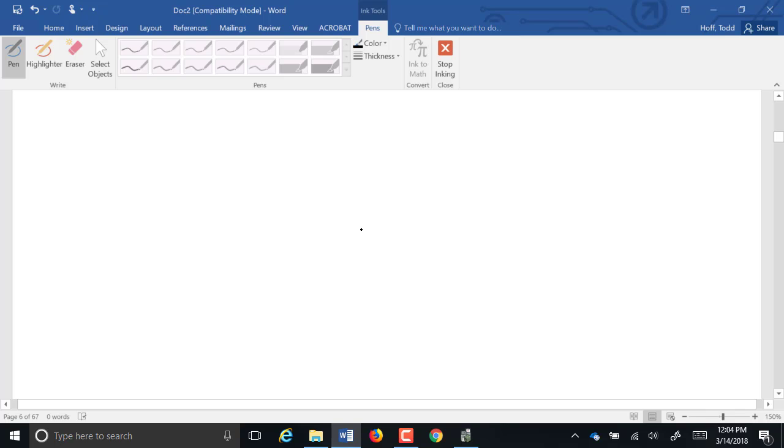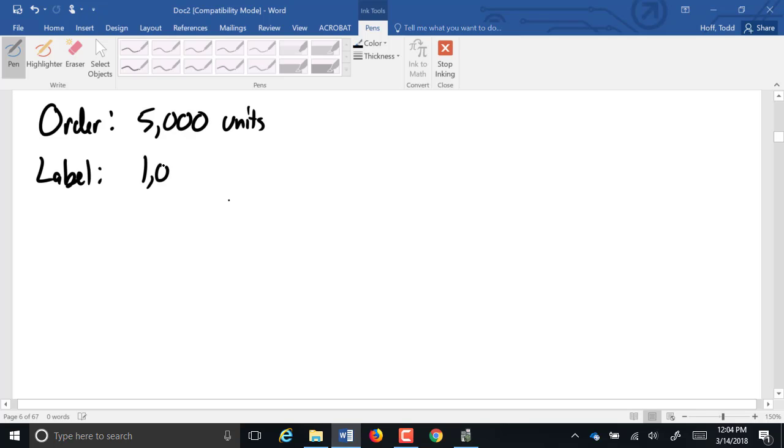So let's look at that example where we had multiple things to do in the proportion. Let's say the doctor's order is for 5,000 units. And our label states that 1,000 units are contained in 20 milligrams.